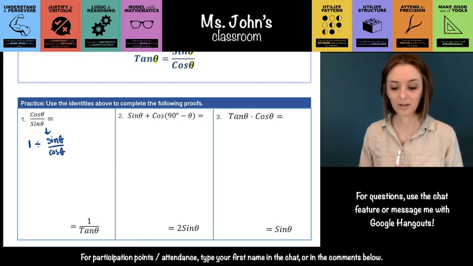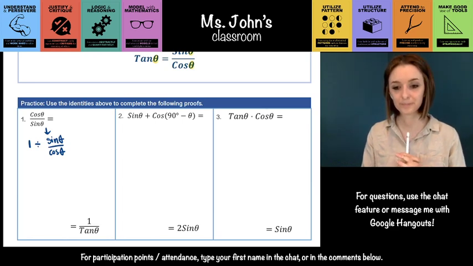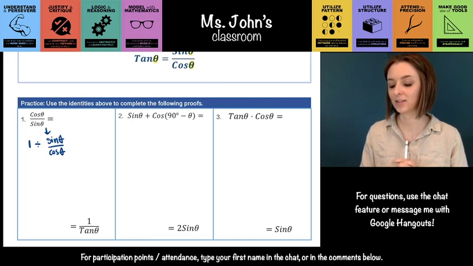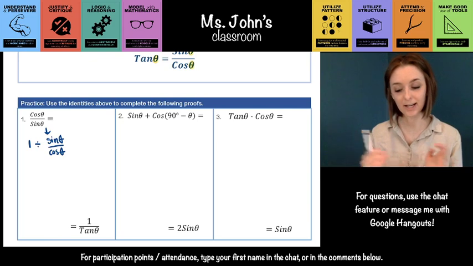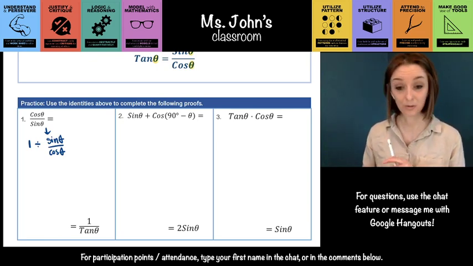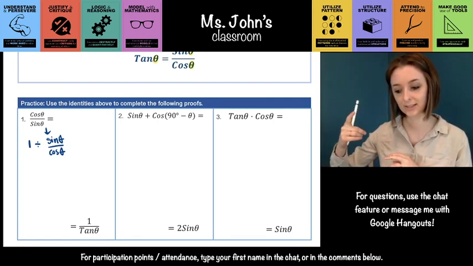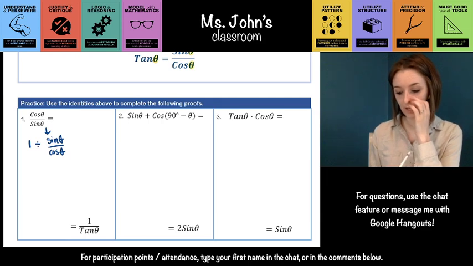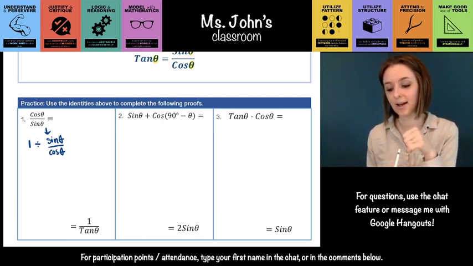Let me explain myself here. Remember that when you divide by a fraction, it's the same thing as multiplying by its reciprocal. So I'm rewriting cosine over sine as 1 divided by sine over cosine because that is equal. If we were to divide by that fraction, we would have to flip it over, and that's what we started with. So cosine over sine is the same thing as 1 divided by sine over cosine.